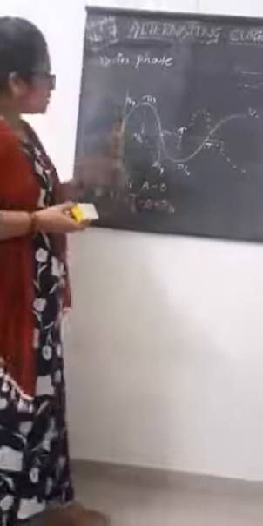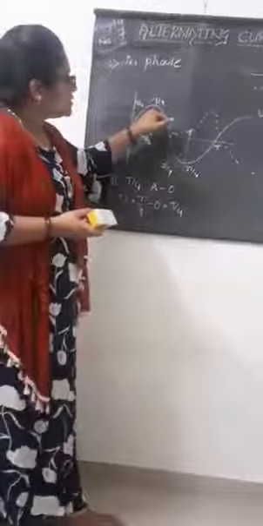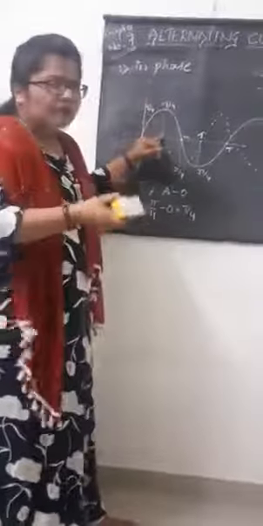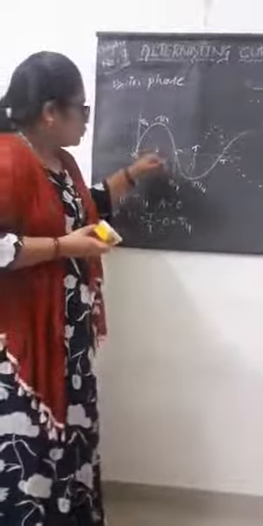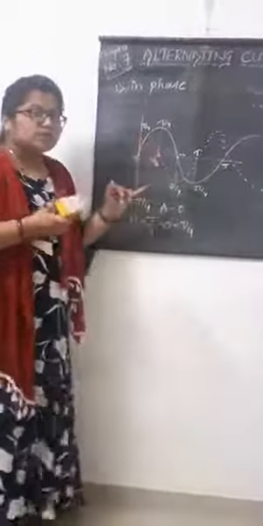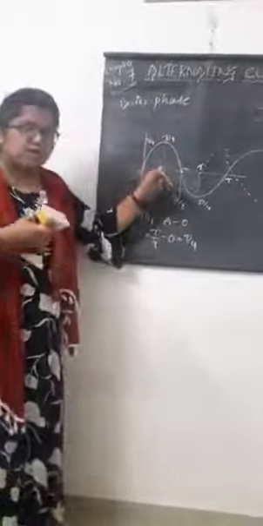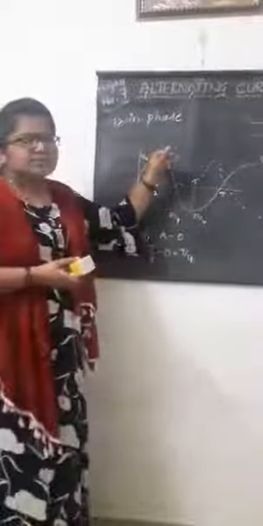Okay, come to the next point. See here, A has started its travelling and reached the point T by 4, but B has already completed half cycle, so it has reached T by 2. So the equivalent positions of A and B again show a phase difference. How? T by 2 minus T by 4.